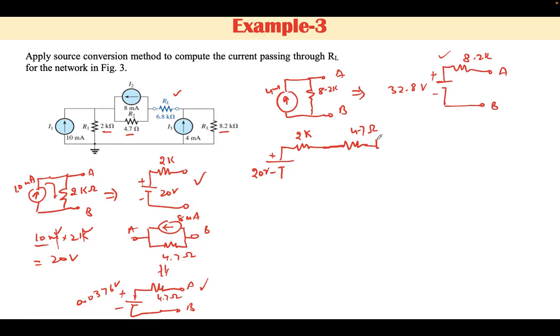Here this is plus, this is minus, this resistance is 6.8 kilo ohm, connected here only. Then the source conversion of this network is a resistance and a voltage source, this is plus, this is minus, this is 8.2 k, and the magnitude of this source is 0.0376 volt.